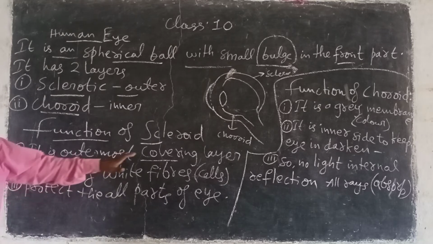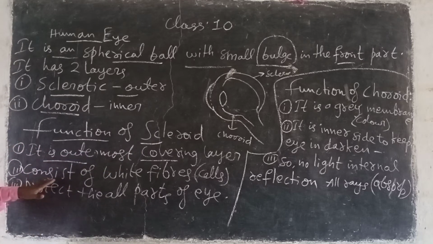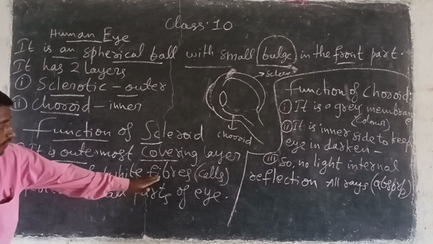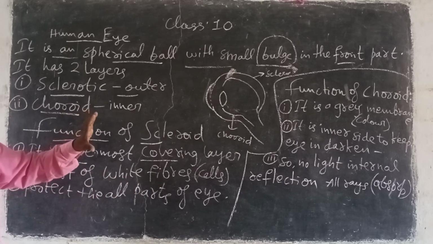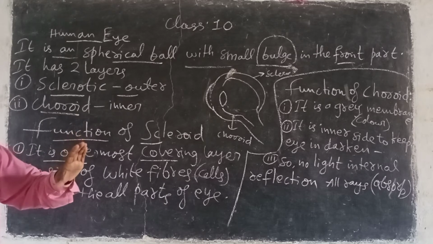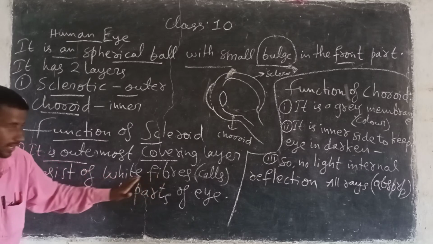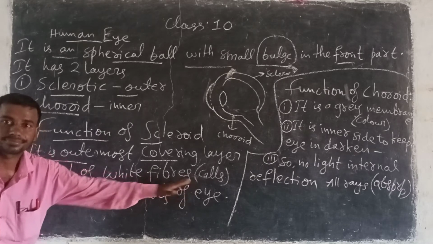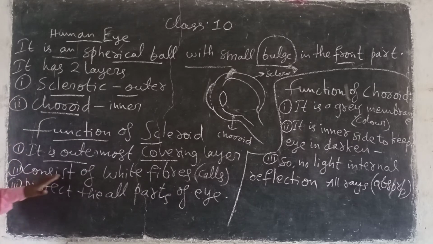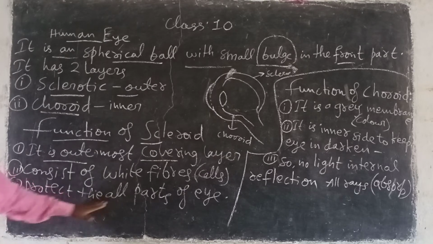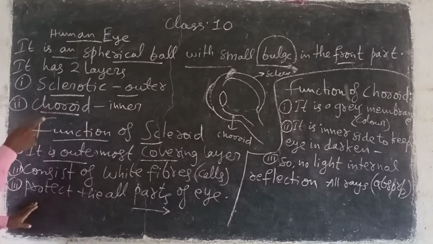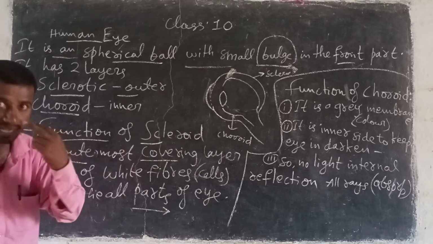Second point, it consists of white fibers. That outer layer is created with white fibrous cells. Third point, it protects all the parts of the eye.